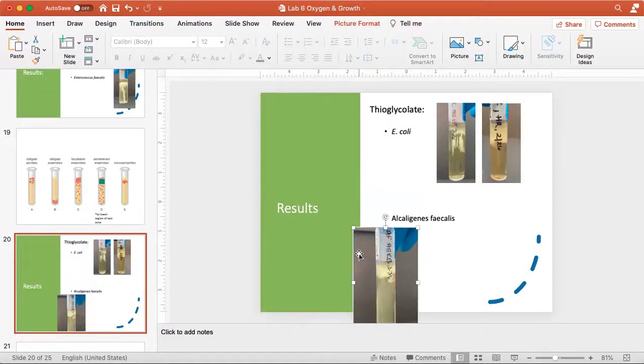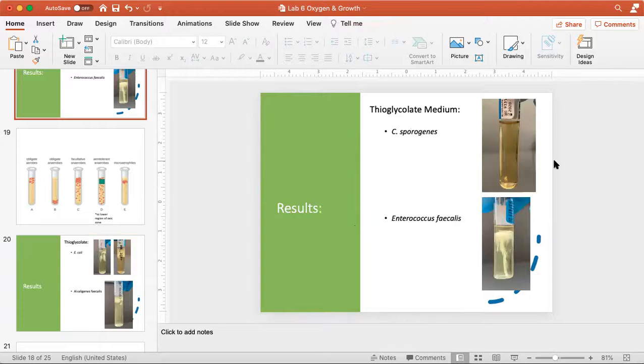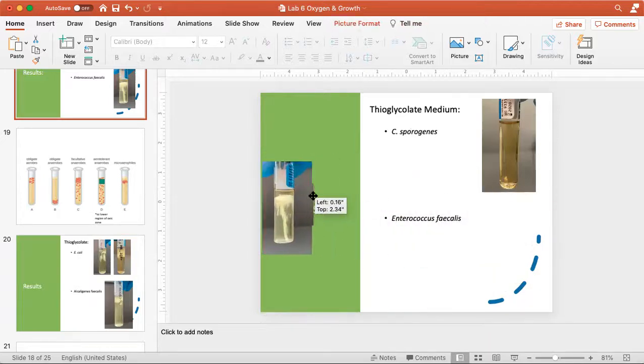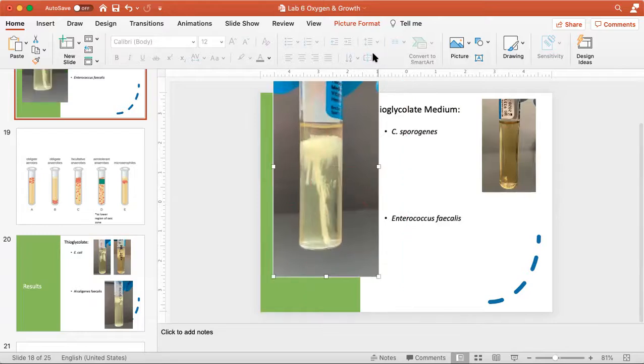All right, now let's look at the other two. This is Enterococcus Fecalis. Now, this is what I mean by strings. Can you see those? There's a mat in here. There's a big mat right there. So the best growth is right here.